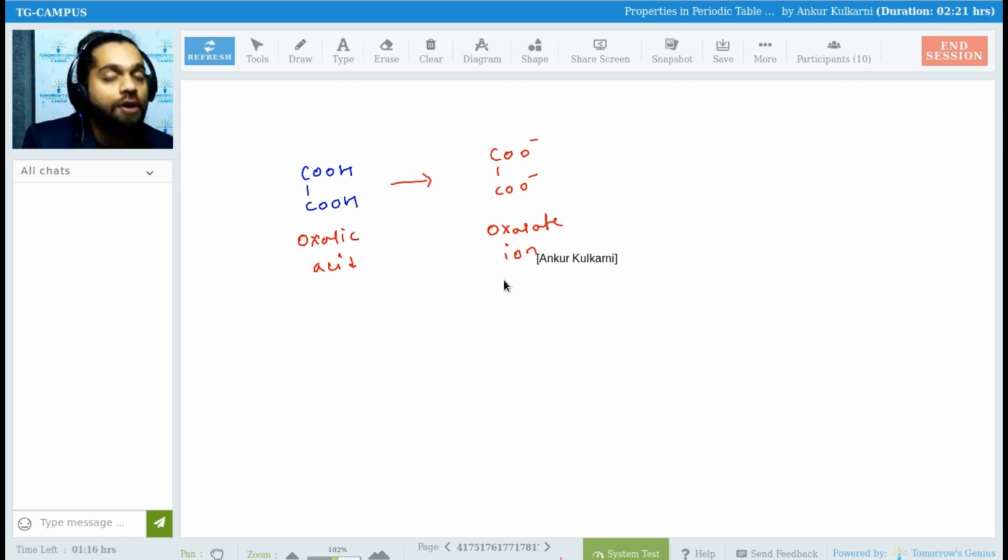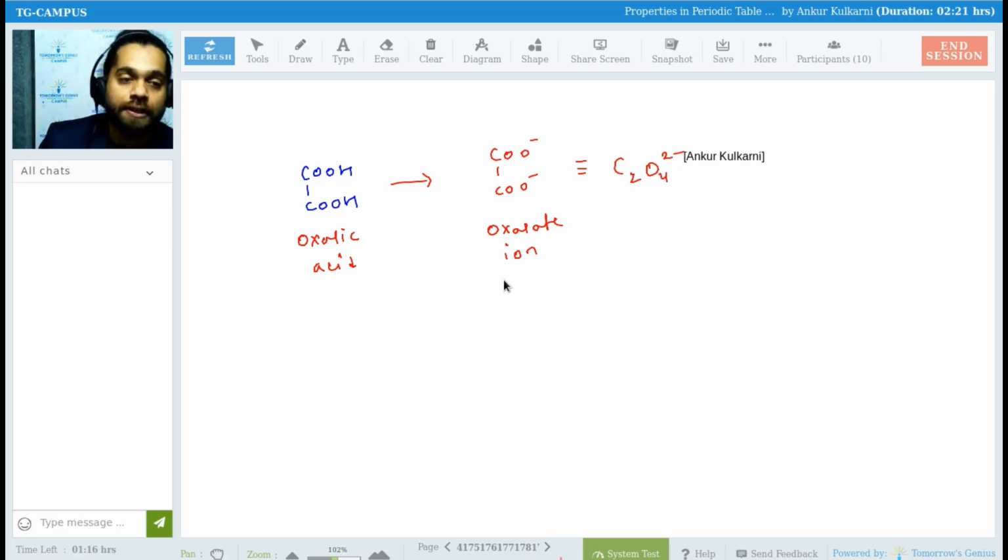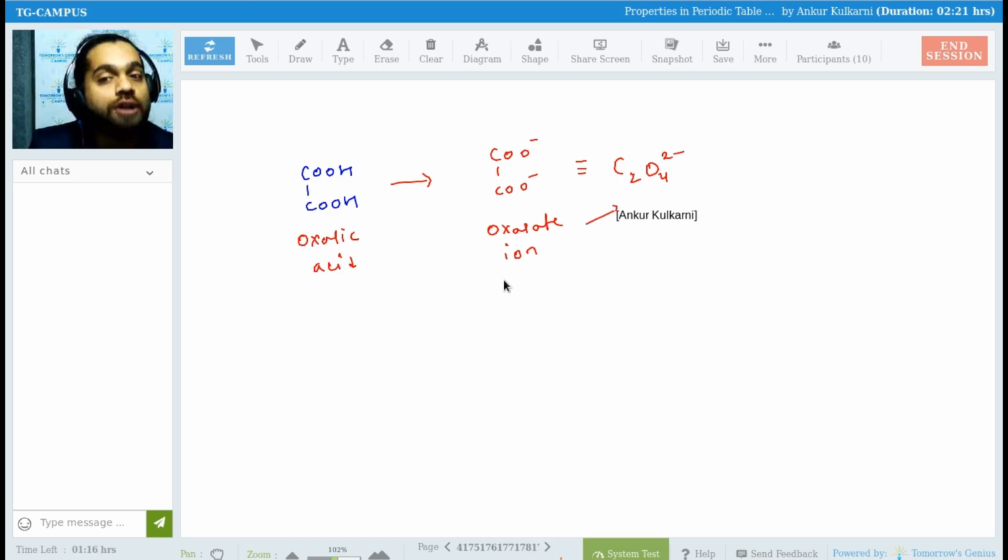From oxalic acid we have got oxalate ion. So I can write this as C2O4 2 minus. Is it clear? This is nothing but your oxalate ion. From the oxalic acid, you have removed the proton, you have got the negative charge, and that has given you oxalate ion. Clear?